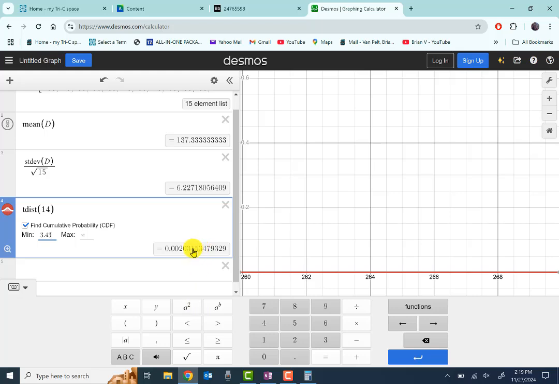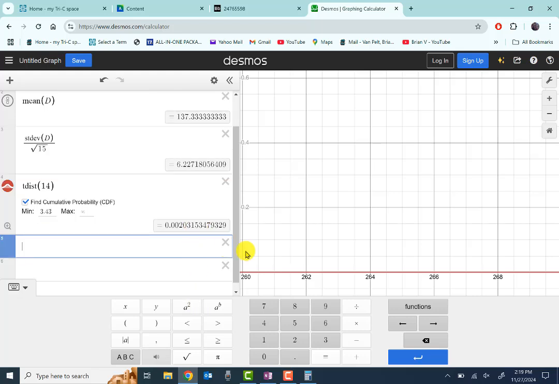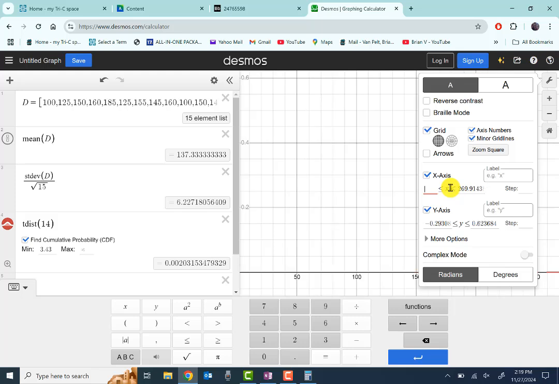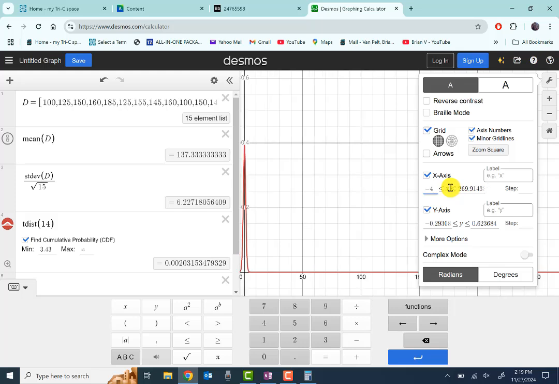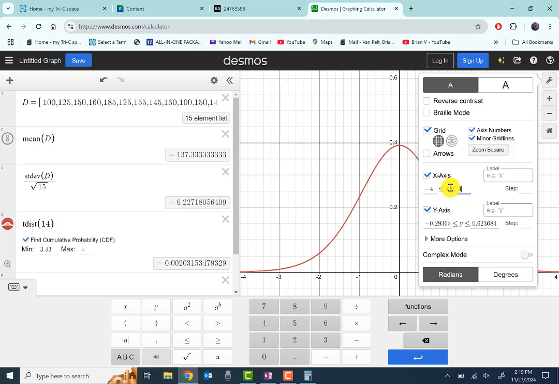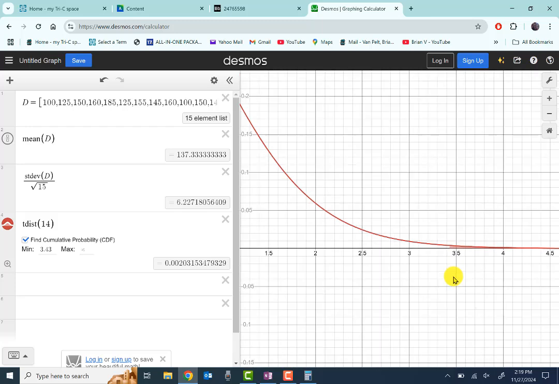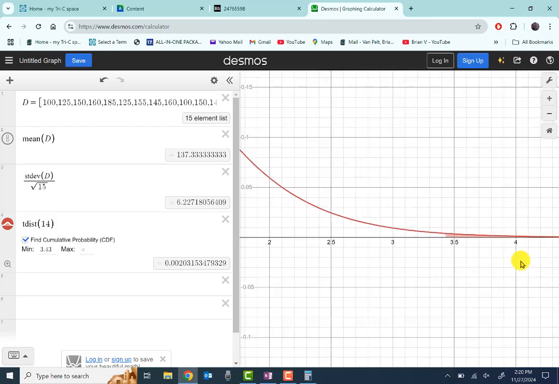And you can see that they have the number listed there. Let me go ahead and enter. And since the middle here is technically 0 for the standard t-distribution, let me center it at 0. So I'm going to go -4 to 4. Nice. It's way, way in here. I'm going to see if I can expand to that region so we can see it. You see it there? There it is, tiny little amount.